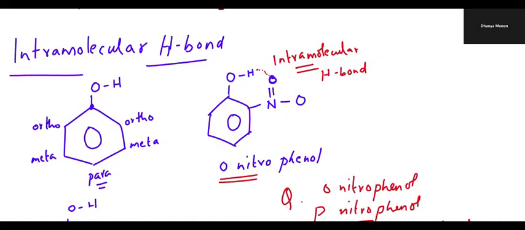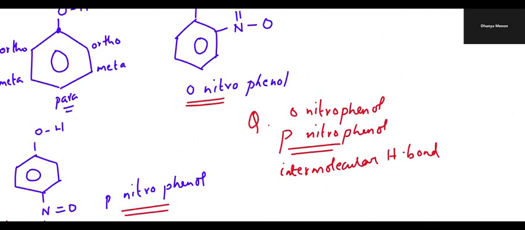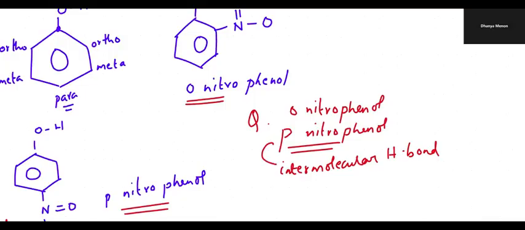Okay, if there are many orthonitrophenol, there will be just a small force of attraction which will be van der Waals force. So the energy required is very, very less. So that's the reason if we compare ortho and para, para will have a higher melting point or boiling point than the ortho one.